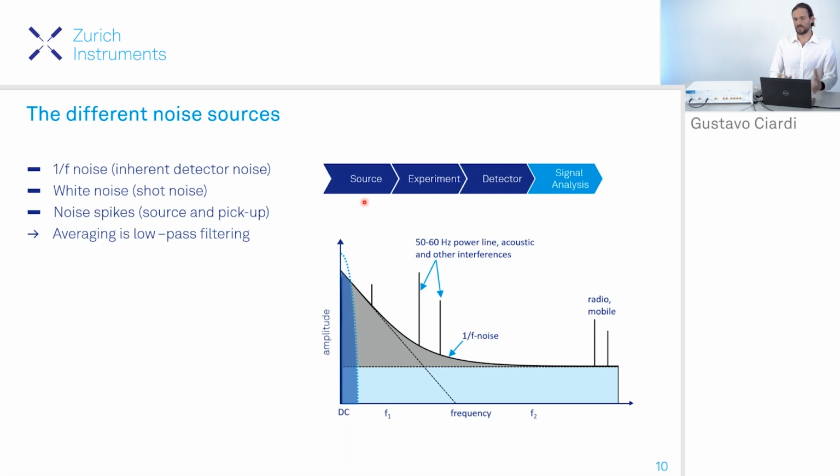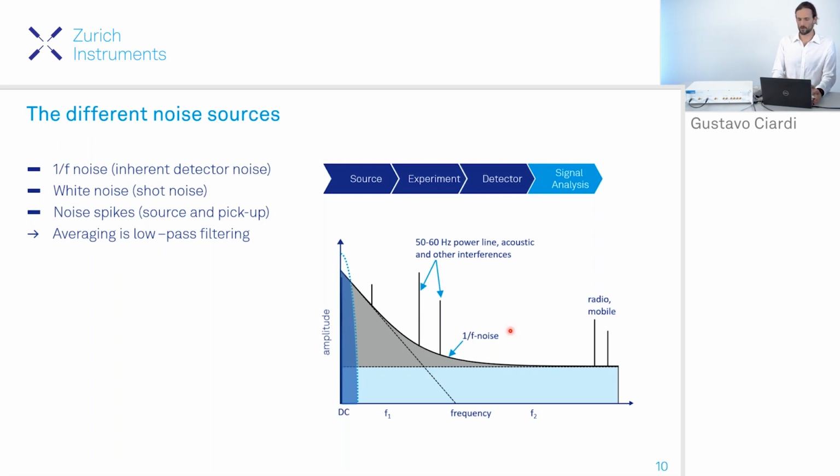If we take a photonics experiment as an example, a typical contribution to the 1/f noise might come from our laser source. The relative intensity noise of our laser source has a typical profile like this. For the white noise, the contributor is generally the detector, so the shot noise of our photodiode.